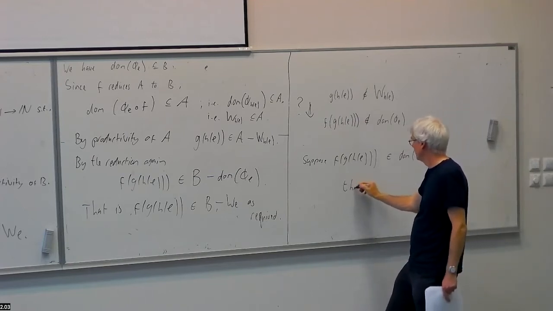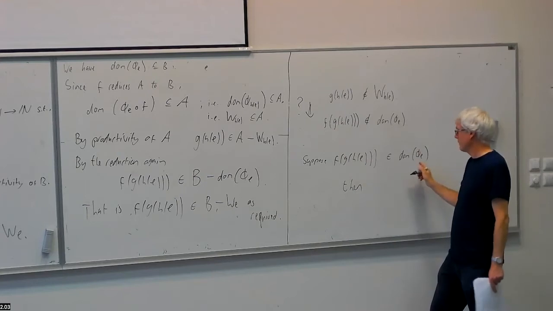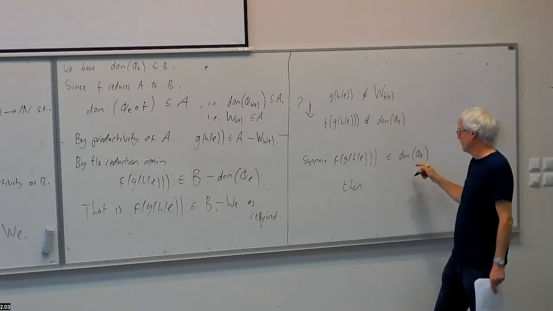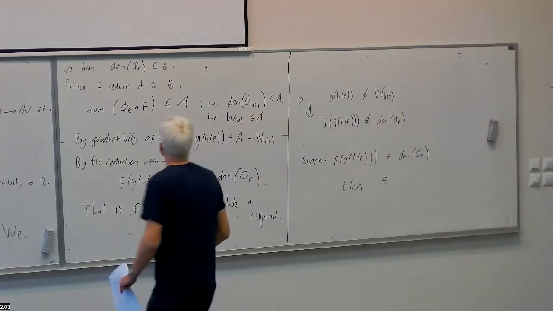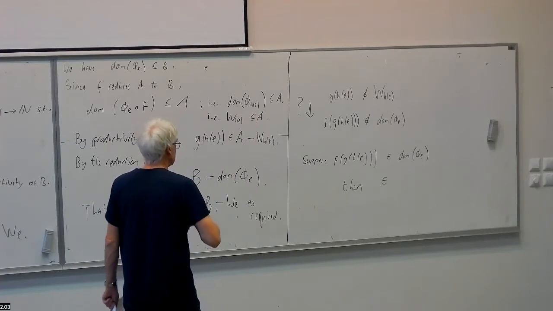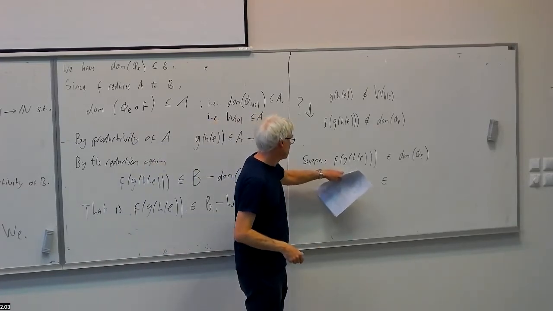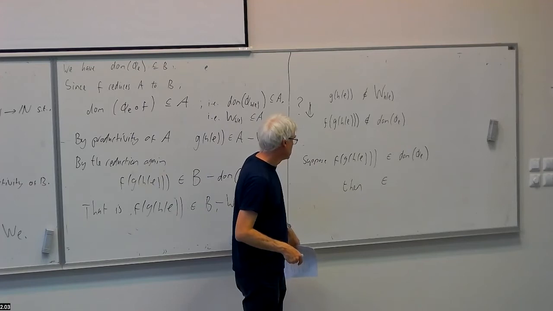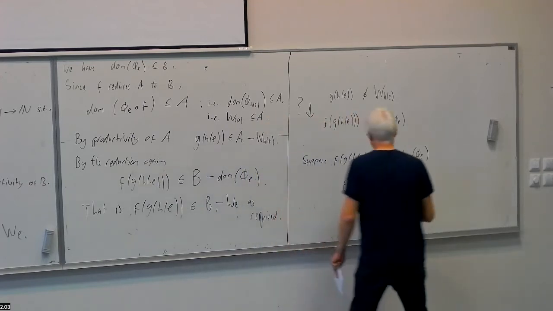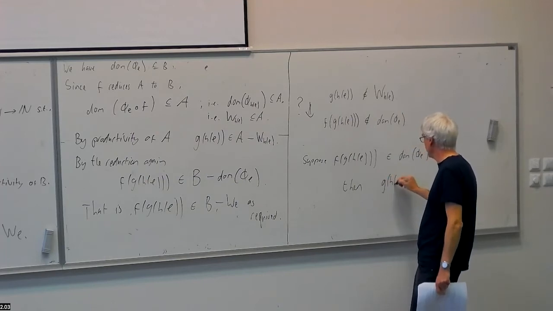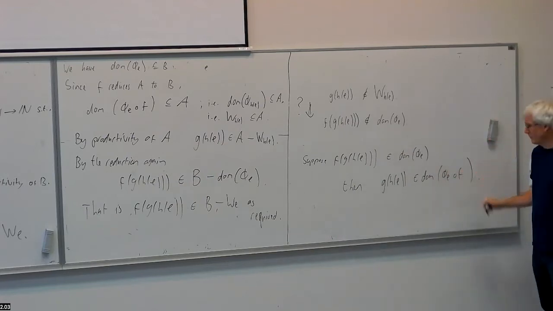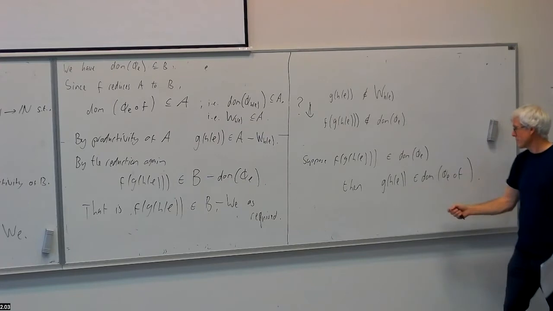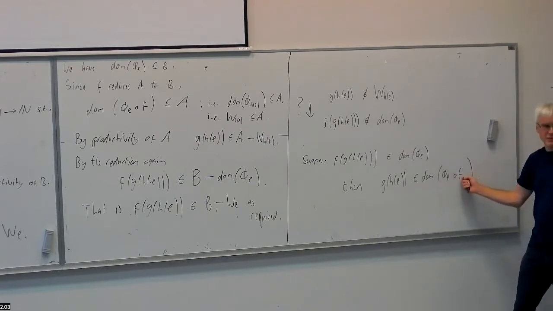But then, if it belongs to the domain of phi of E, well then of course G of H of E belongs to the domain of phi E composed with F. Right, obviously, because if we apply F to this, then we've got something in the domain of phi of E, and this is the total function.